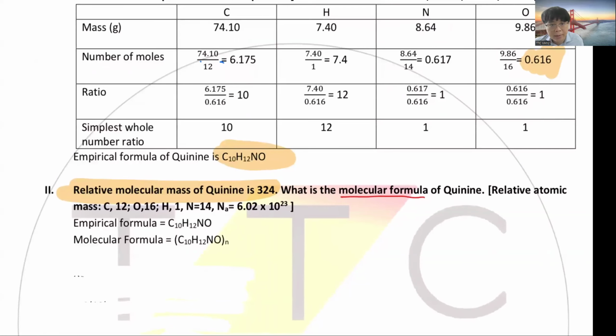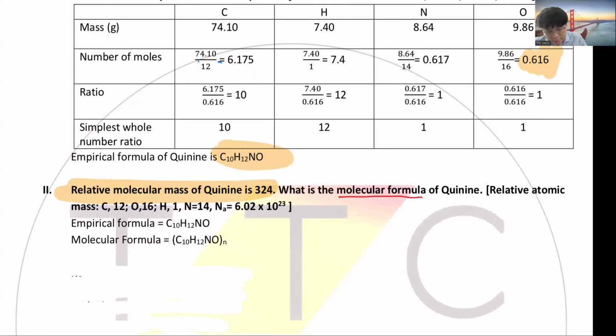So after simplifying, you get this C10H12NO. Then the actual formula needs to be times a number. Example, let's say glucose is C6H12O6. If you simplify to empirical formula, this is how it looks.